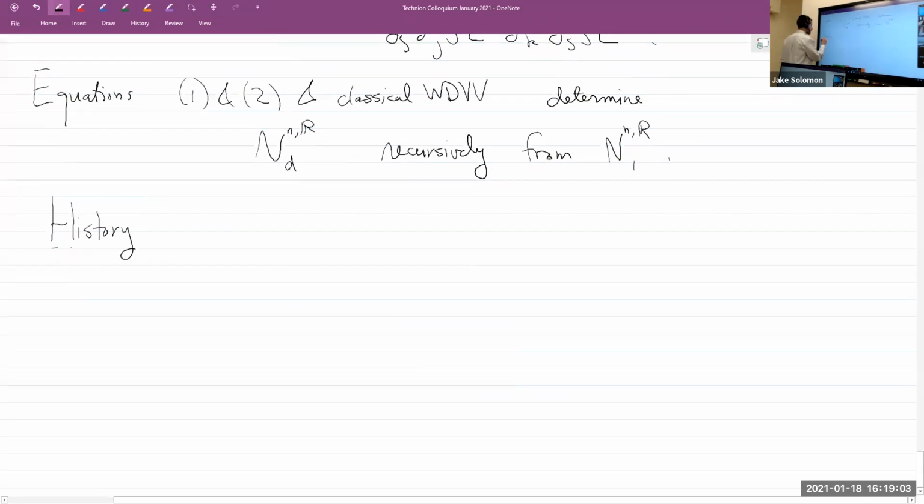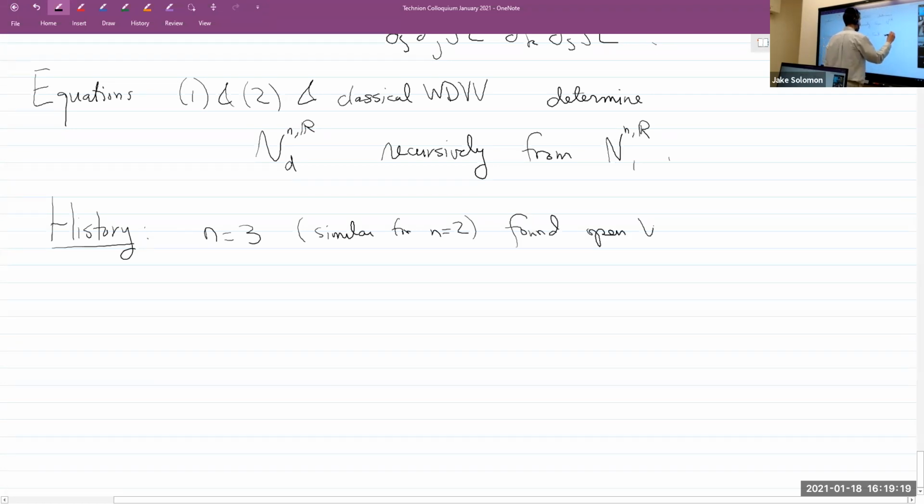The history was for n equals 3 and something similar for n equals 2, we found the open WDVV. Then you could use it to compute these invariants.